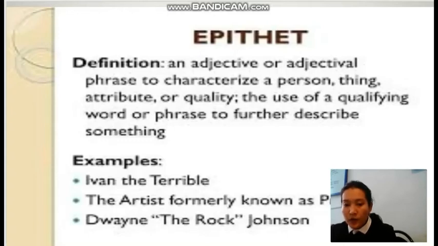For example, Ivan the Terrible. Terrible means that the person is very strict, and we use it to express the words in the text or in the literature.